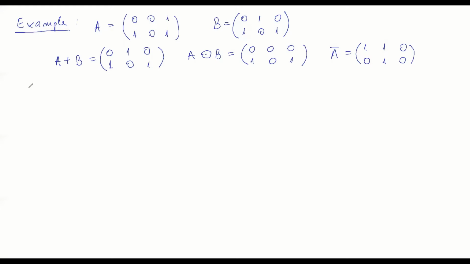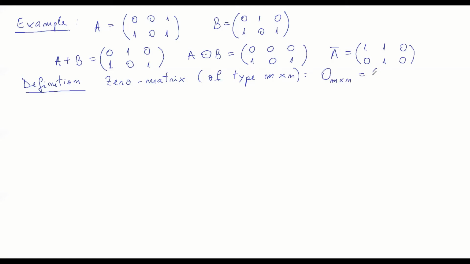I go back to the definitions, and as you might expect, I now define a 0 matrix and a 1 matrix. The 0 matrix of type M times N, so M rows and N columns, is going to be denoted as 0, and I'm just writing the type.